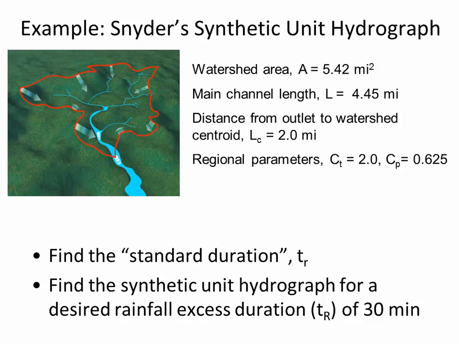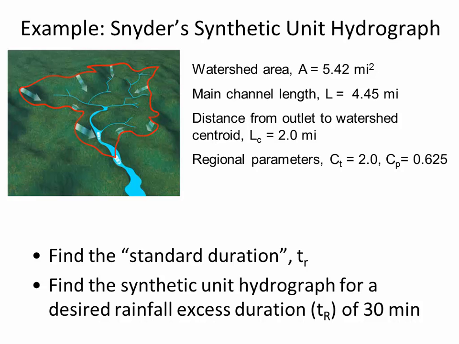Okay, now step 3 is determine the peak discharge, Q sub PR. Find peak discharge. Q sub PR is C2 CP A divided by T sub PR. So if you look on the handout, it says that C2 is going to be 640 for BG units. So 640.